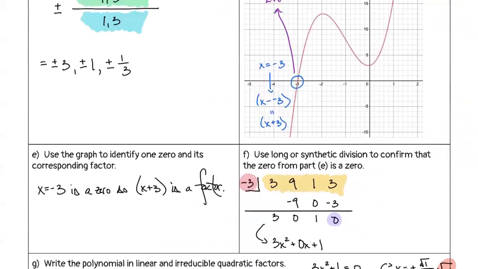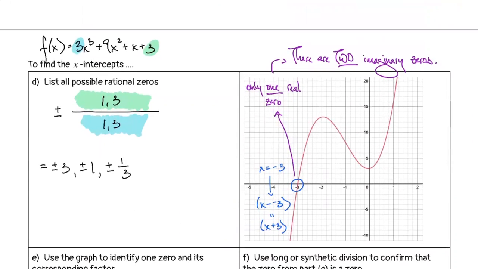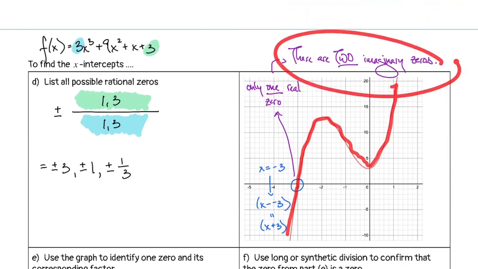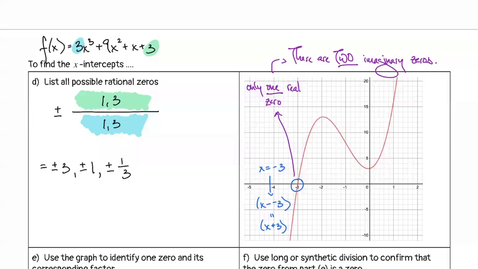And if we look back at our graph, remember we said we have one real, and since it never crosses again, we actually have two imaginary. And so that's how come the imaginary ones come from that irreducible quadratic factor.